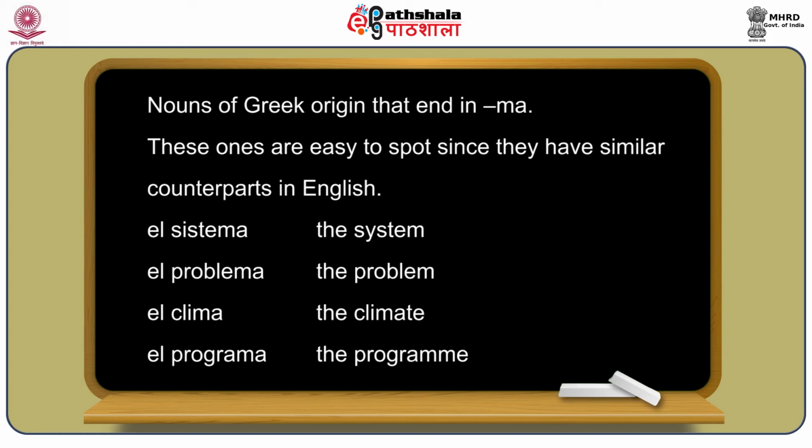Or problema, so it will be el problema because it is ending in ma. Same way, clima will also be masculine, and programa, again ma, and it will also be masculine. So always remember that even though it ends with a, it will be masculine. El sistema, el problema, el clima, el programa.